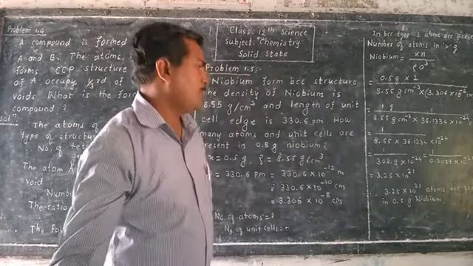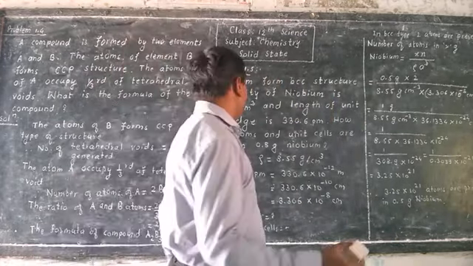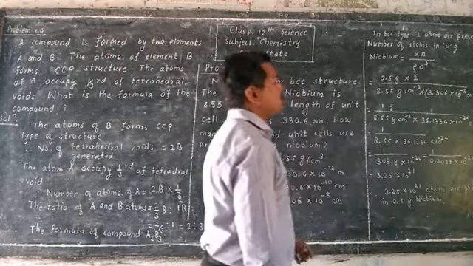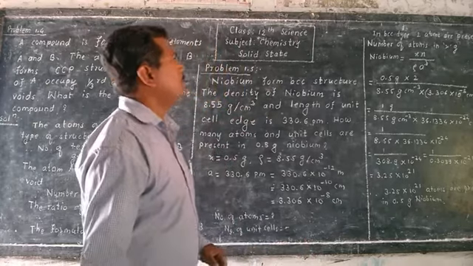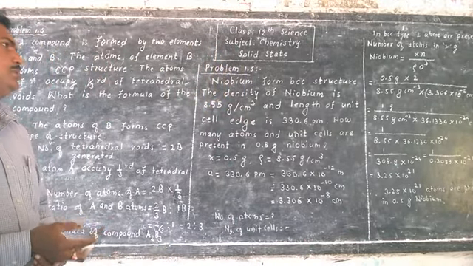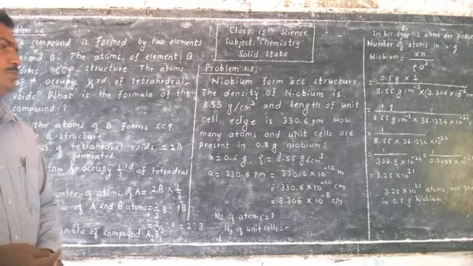Now the number of unit cells. The type is BCC, so in 1 unit cell there are 2 atoms.